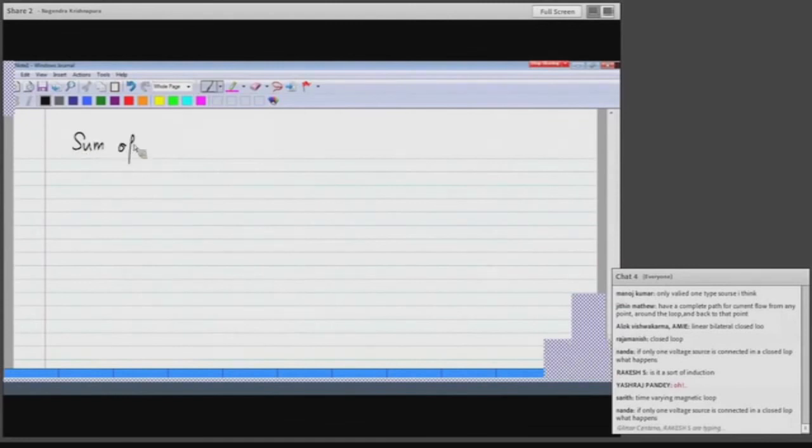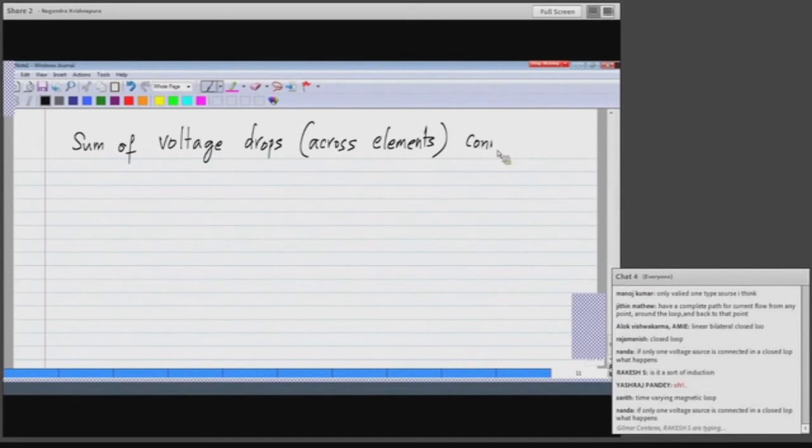One relates to voltages in a loop and one relates to currents at a node. And one of the very important things while applying this is to apply it with a consistent polarity. So here I will show a loop. The loop will have some elements, so that there is no confusion.